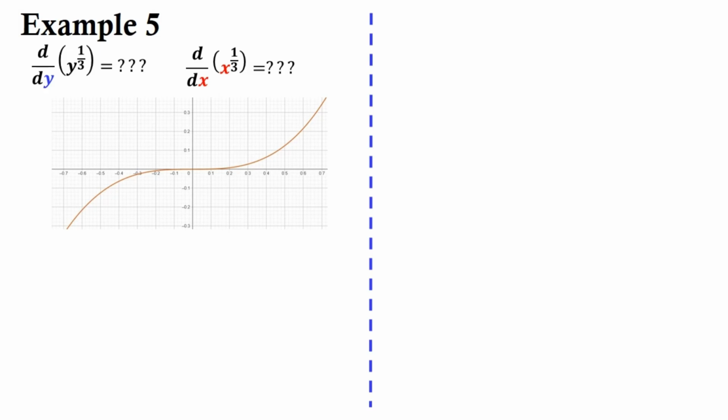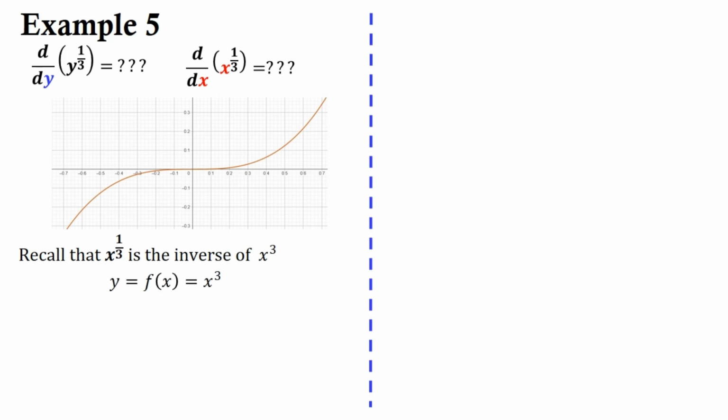Yes, there are 3 roots, and those 3 roots are actually at x equals 0. So we can put it this way, that 1 over 3 is the inverse of x raised to power 3. That is why I showed you the graph of x raised to power 3. So in this case, we can now say that y is equal to x raised to power 3.